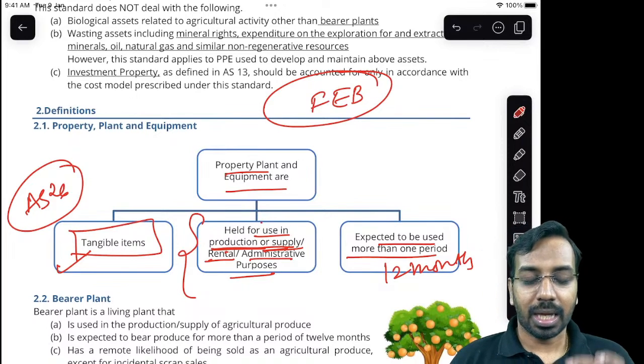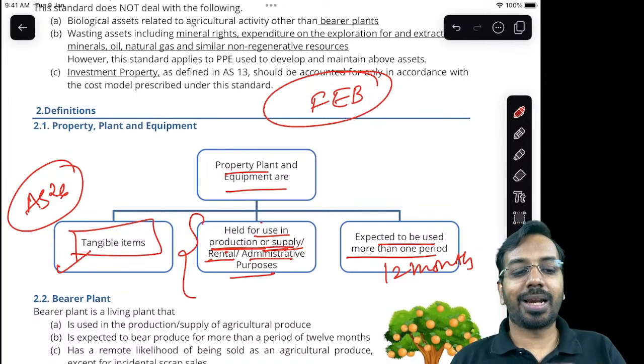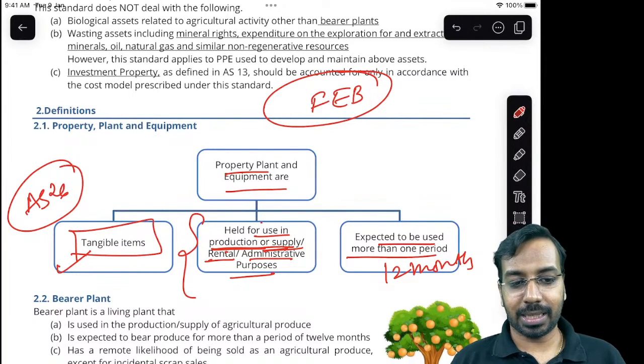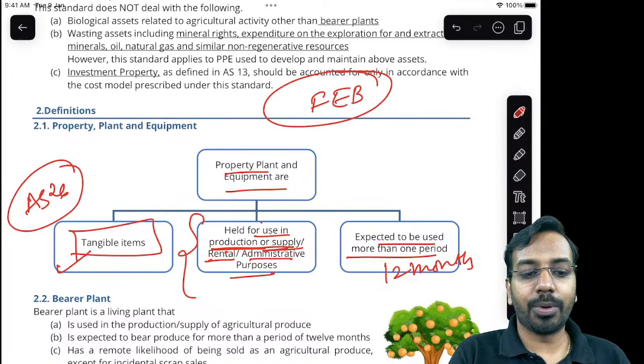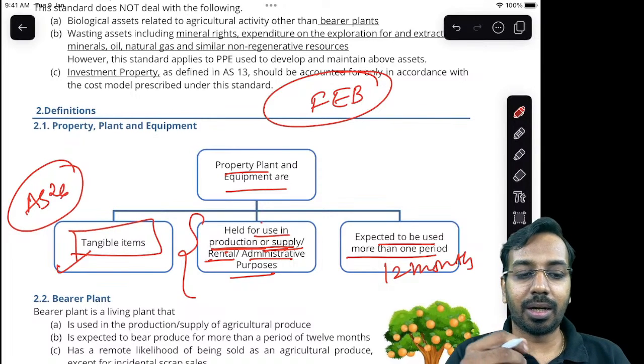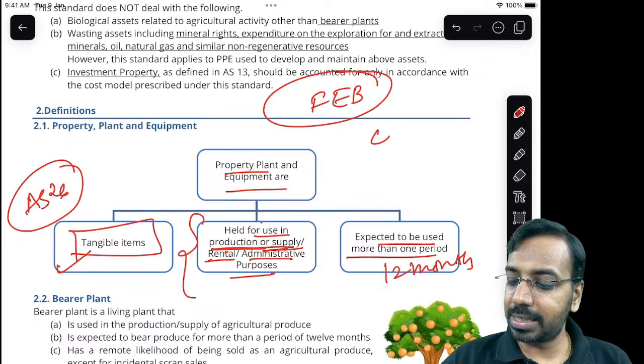Now tell me one thing, if I have this computer, and I am a computer dealer, I buy and sell computers. The computer that is being bought and sold will be categorized under property, plant and equipment or inventory? Where will I categorize a computer for a computer dealer?